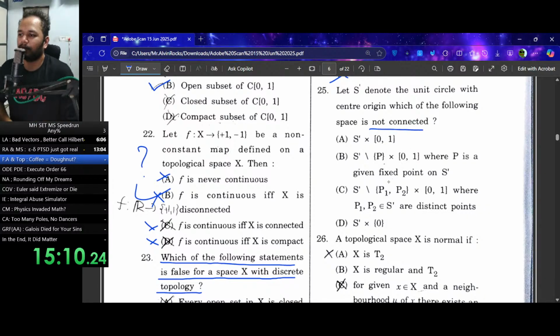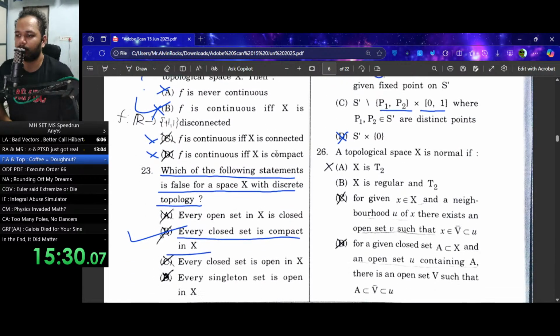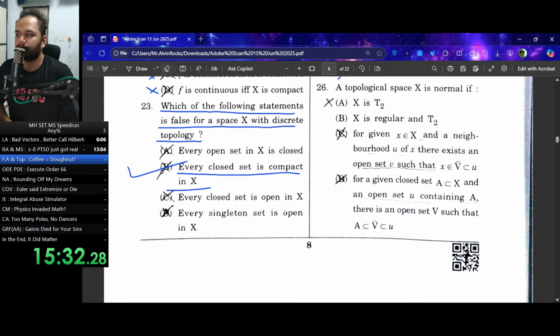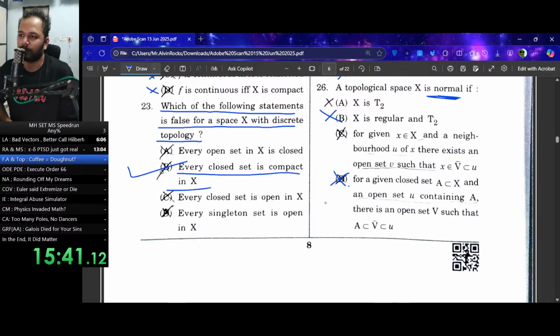Not connected means you're excluding these 2 points. So that automatically becomes disconnected. If you remove 1 point, that's not going to cause you any trouble. This is just straight up, no problem. And again, this is not a problem. Okay, this is a bit problematic because they're saying normal space, but the normal definition is a bit off here.